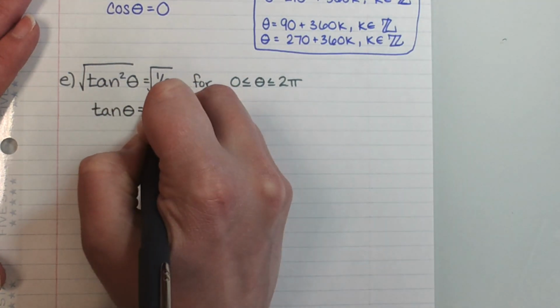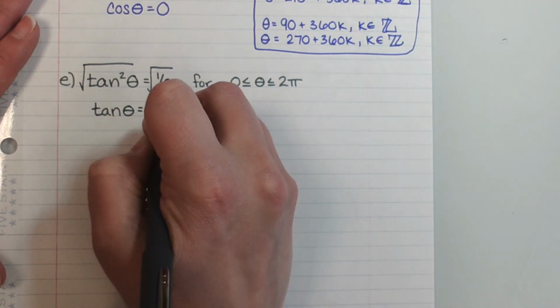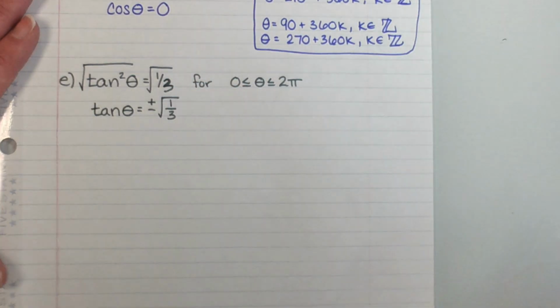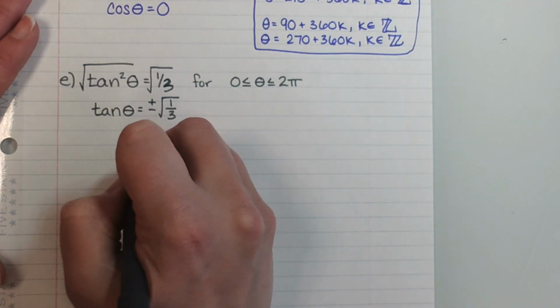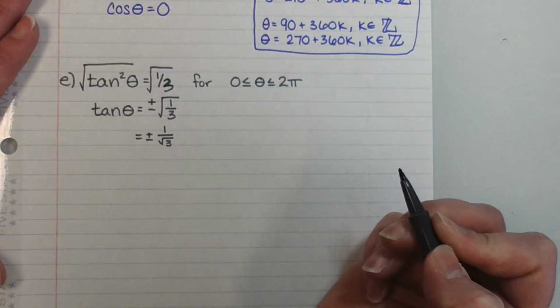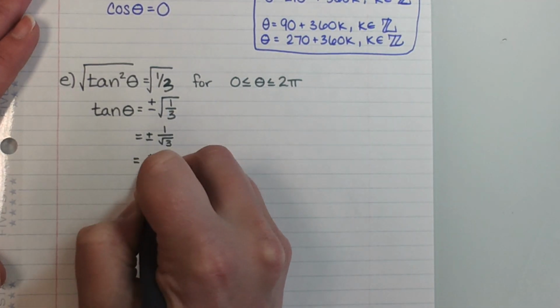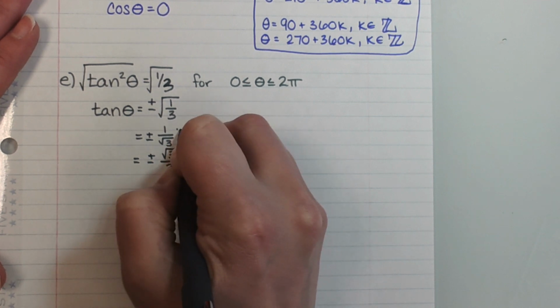Plus or minus. Positive or negative. Far too often people are forgetting that. How do I square root 1/3? Top and bottom. Square root of 1 is 1, square root of 3 is square root of 3, and rationalize your denominator. And you get square root of 3 over 3.